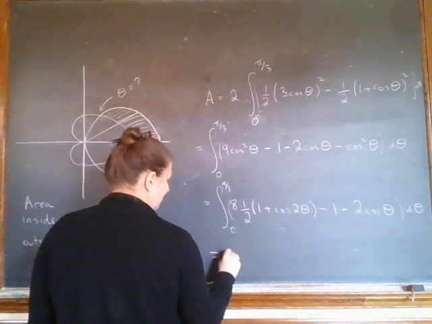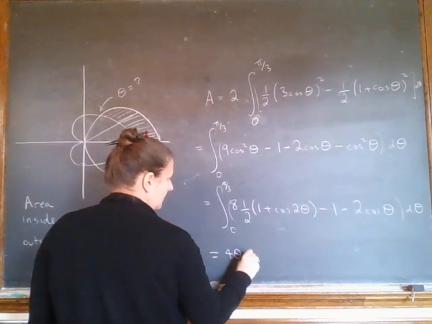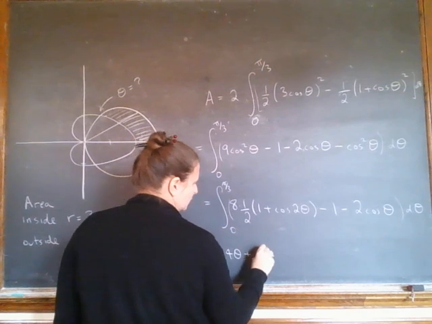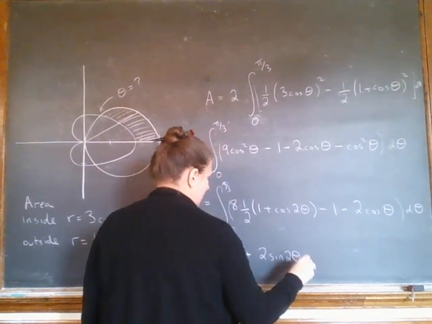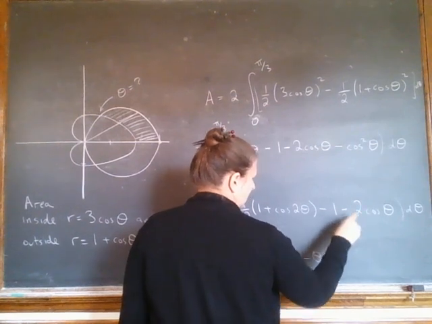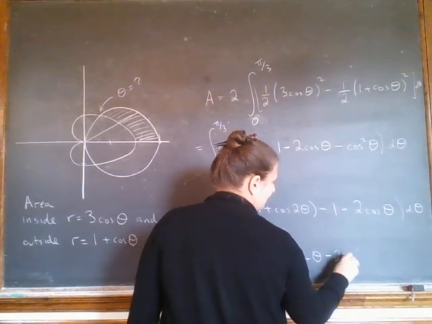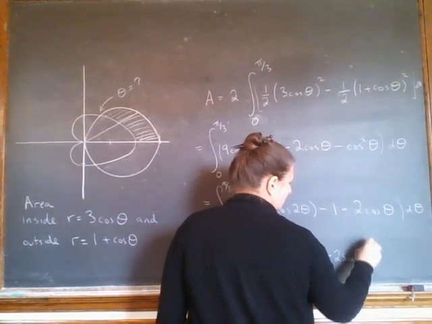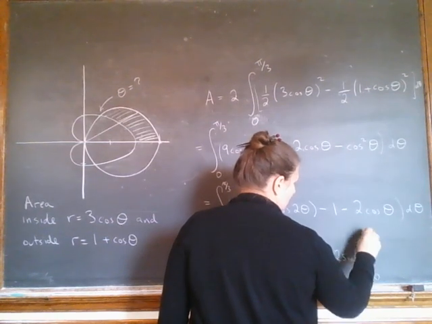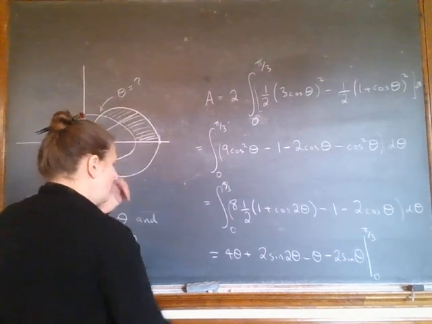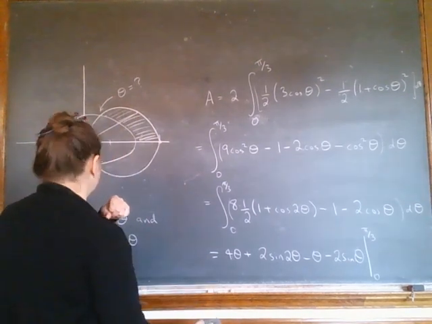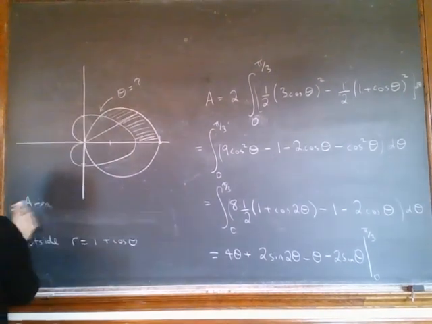This is going to be 4 theta plus 2 sine 2 theta minus theta minus 2 sine theta from 0 to pi over 3. I'm going to bump over here, I guess.